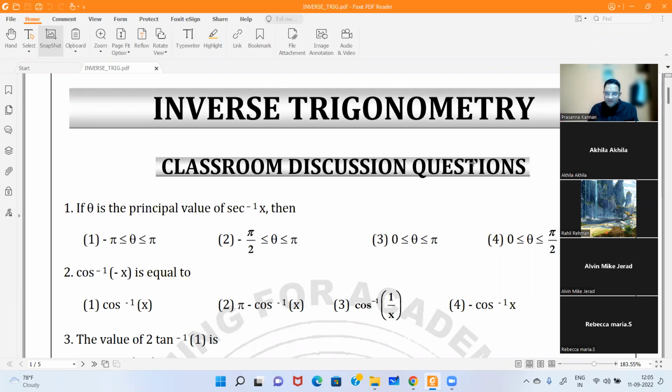You remember the last class we had discussed domain and range? So secant inverse, the angle will be between what angle and what angle? 0, pi and pi by 2. So which is the right option here?